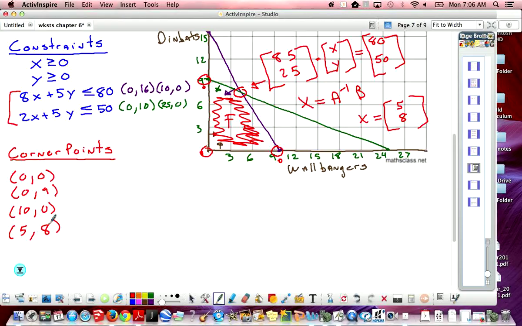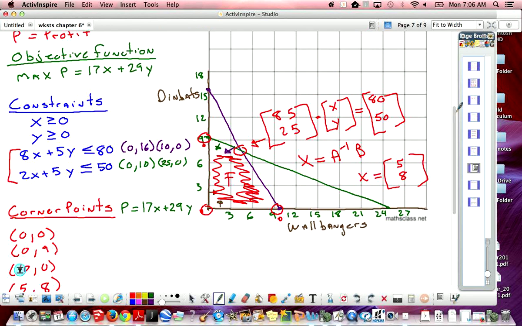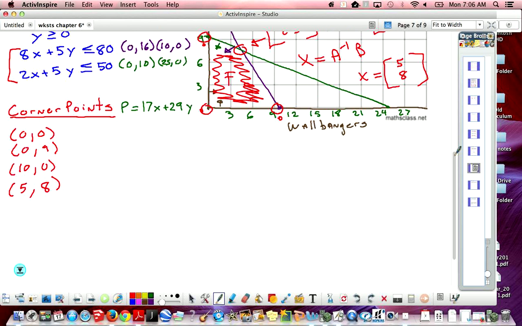And now I have my points. Now we just need to plug it into our objective function, which was 17x plus 29y, I believe. Let's just double check that. Yes. All right, so on the first one, that one's the easy one. Anything times 0 plus anything times 0 is still 0.